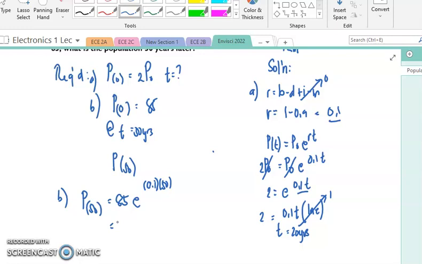E raised to 5 is a value of 148.41 multiplied with 85. So there will be 12,615 individuals. Okay. So this is for example number 1.